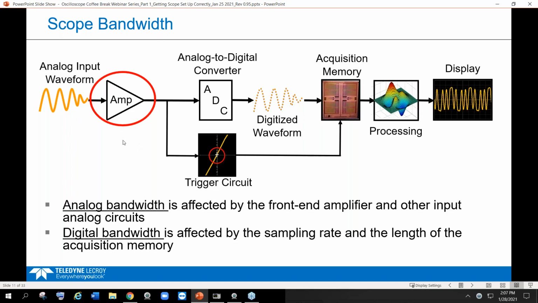But where do we start hitting a brick wall? How is the analog bandwidth specified? And are we reaching limits as our circuits get faster? So this is scope bandwidth. It's the analog bandwidth, but it's also the digital bandwidth, which I will hold as a separate topic.